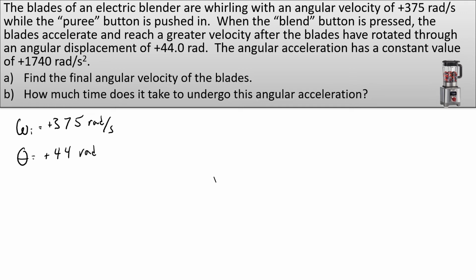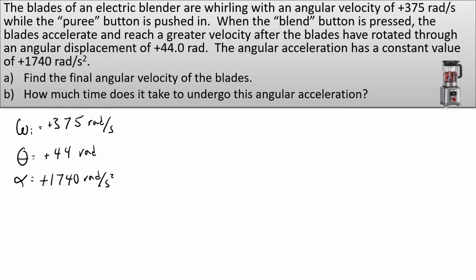Oh, they were nice. Maybe I could have made this in revolutions and been like a little trick. You'd have to convert that into radians first, or even this in revolutions per second. But they're all in radians, so that's good. The angular acceleration, alpha, is equal to positive 1,740 radians per second squared.